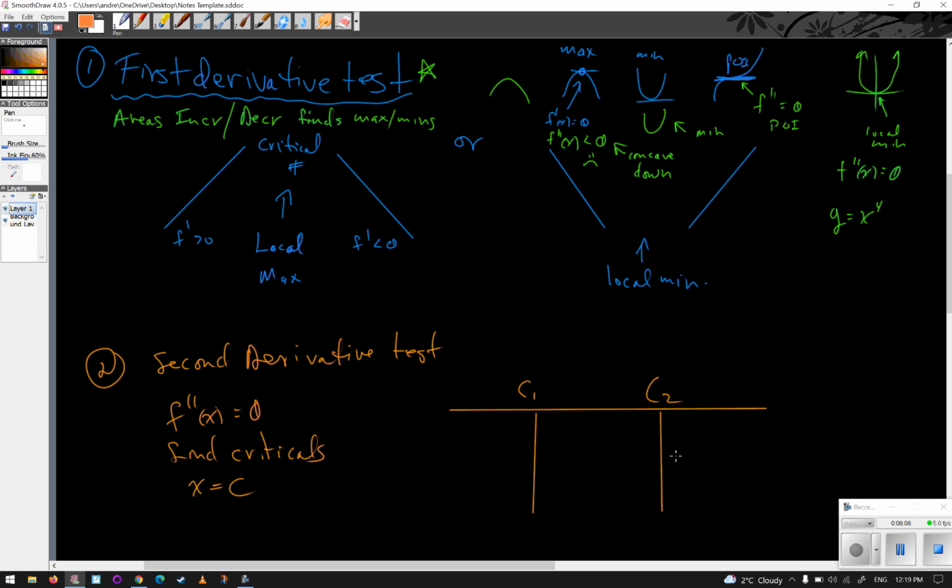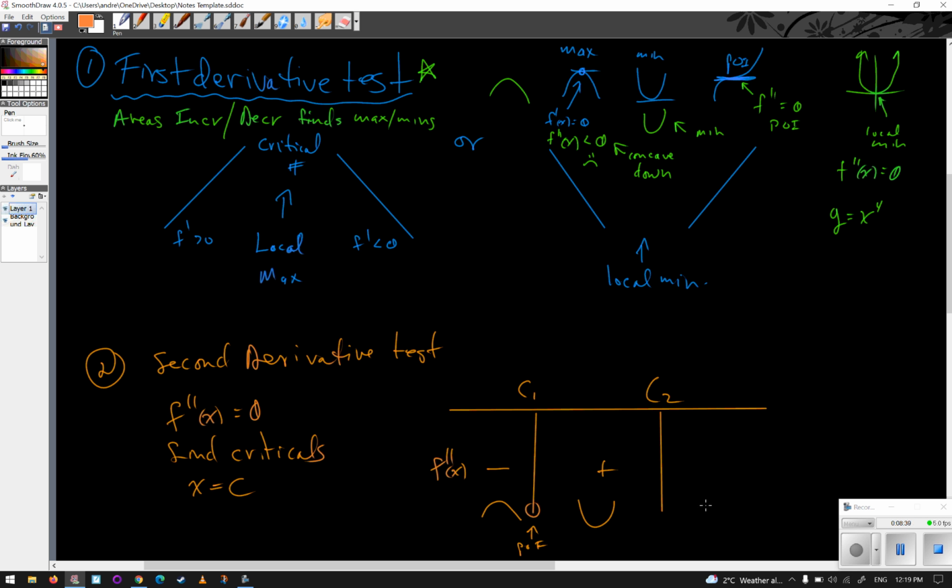And then we're going to look at the concavity on either side, right? So if f double prime at x is negative, you're like, oh, that means it's concave down in that area. And if f double prime is positive, oh, we know that that is concave up. And where the concavity changes, because if we go from concave down to concave up, we would know that, hey, that's a point of inflection.